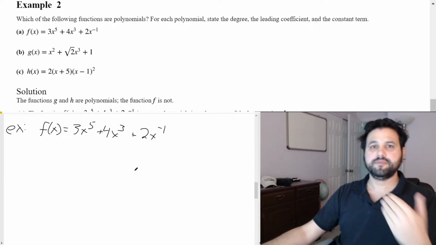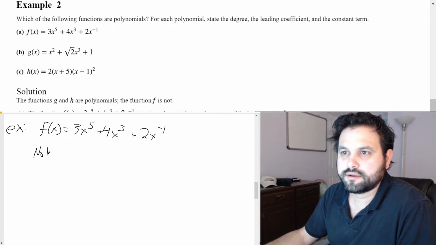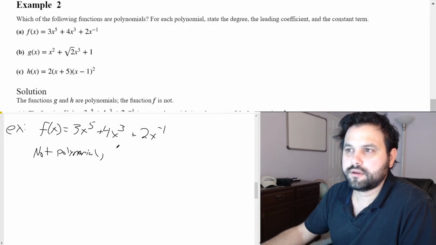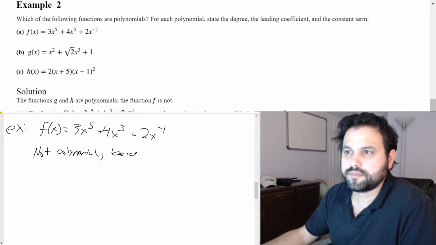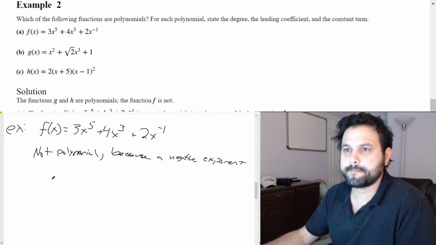Is this a polynomial function? No. Why not? Because of the negative exponent. Okay?